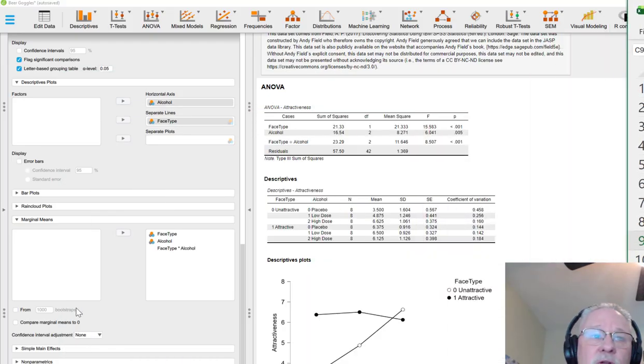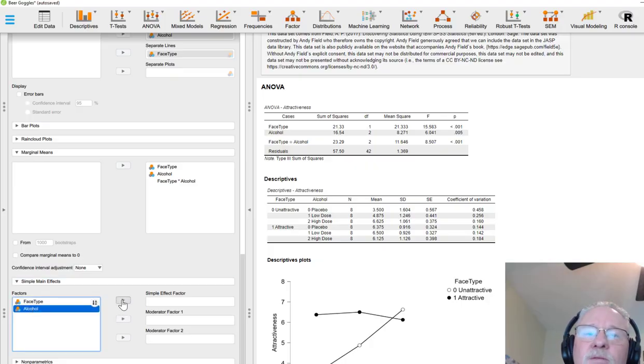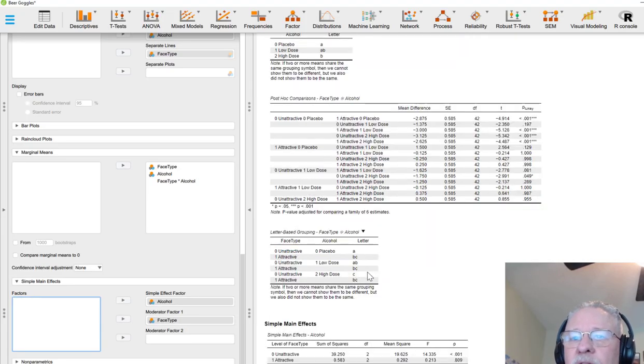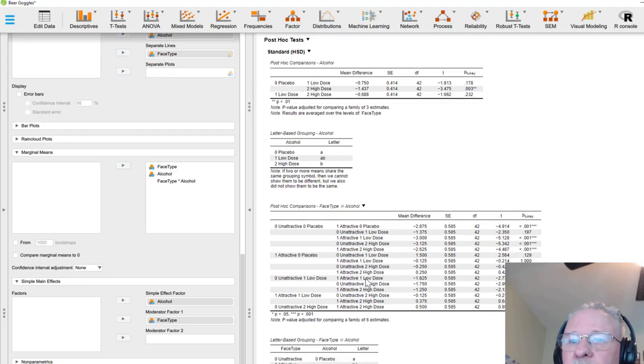So go over down here on JASP to simple main effects, and we want to look at the simple main effect for alcohol as a function being moderated or changed by face type. And look down at the very bottom, and it redoes the F-test that can be reported with degrees of freedom of 2 and 42 degrees of freedom as you had it up here.